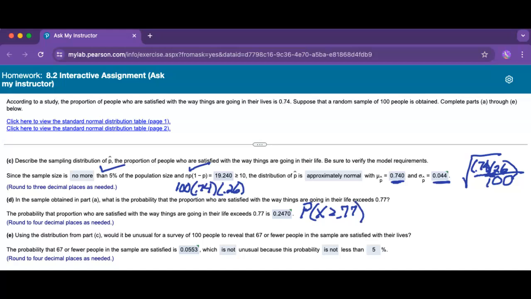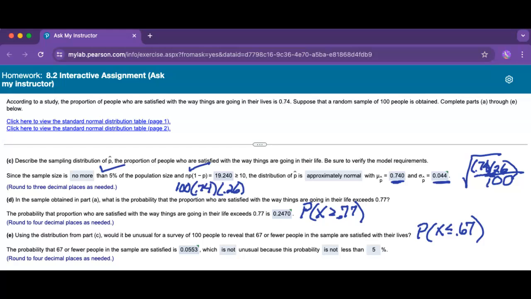And we're going to figure that out with our StatCrunch. And then in the next one, would it be unusual to reveal that 67 or fewer people in the sample are satisfied with their lives? So that would be, what's the probability that p hat is less than or equal to 0.67? Because 67 out of 100, that's where we get the 0.67.